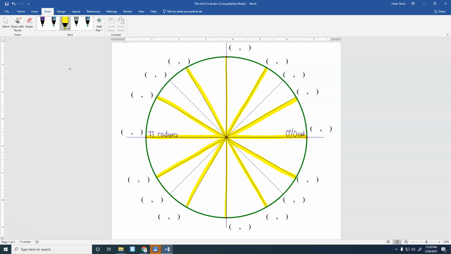So you notice I've highlighted almost everything, right? I did not highlight these little pieces right here. So we're going to ignore them for right now. Because if I only look at those yellow lines that I've highlighted, all of the pieces of that circle are the same size.